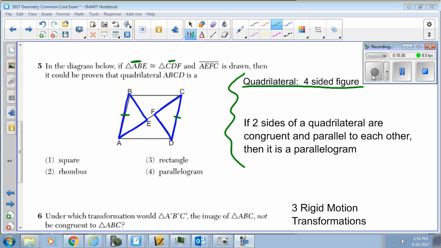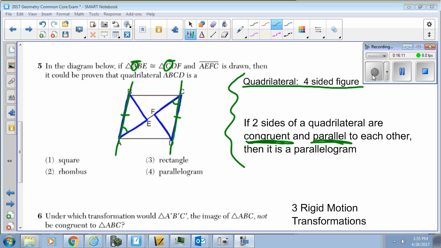We also know that these two angles, angle A, so that's this one, and angle C, are congruent. Now, we also know that BA and CD are congruent, right? But are they parallel to each other? If they are, we can say that this is a parallelogram.